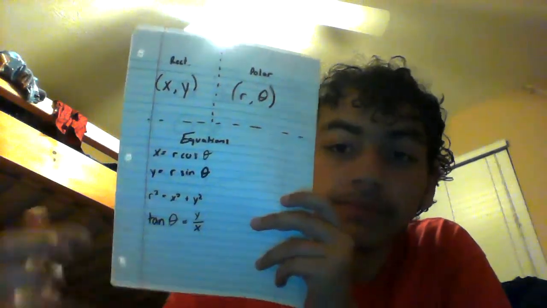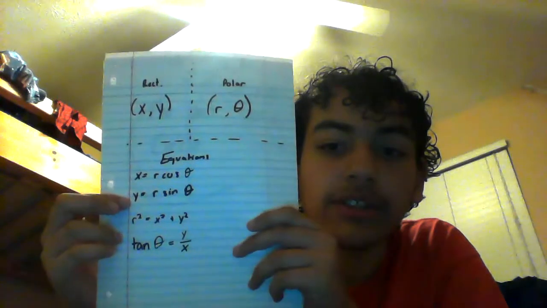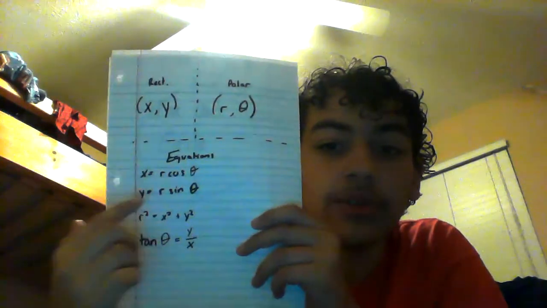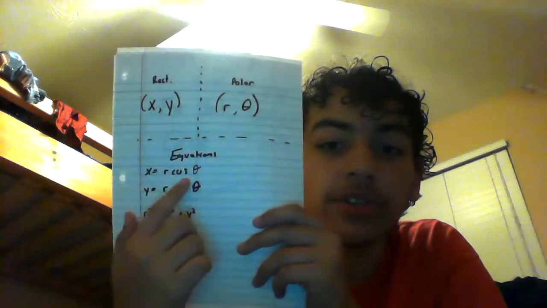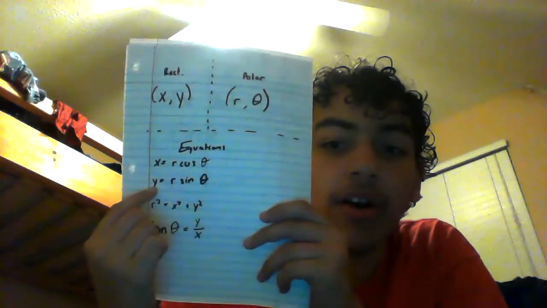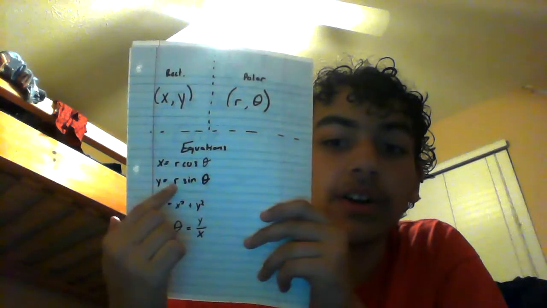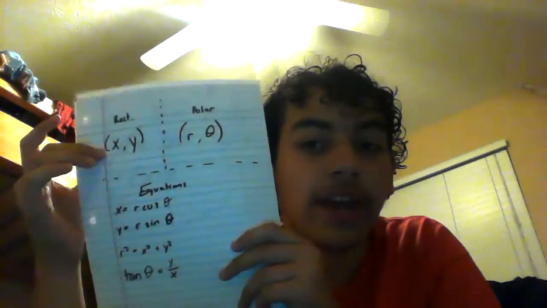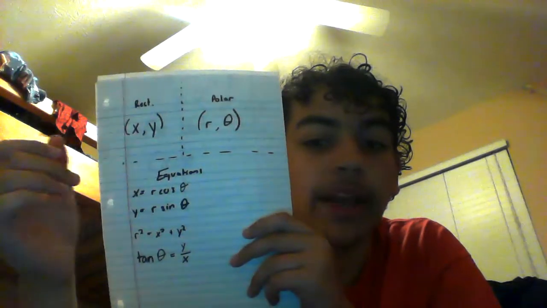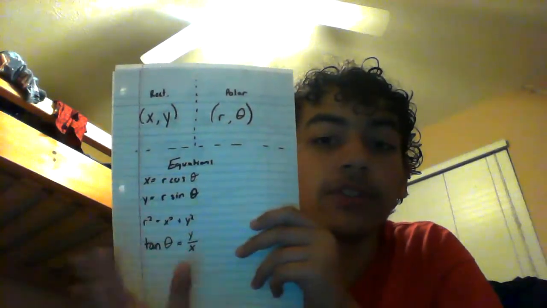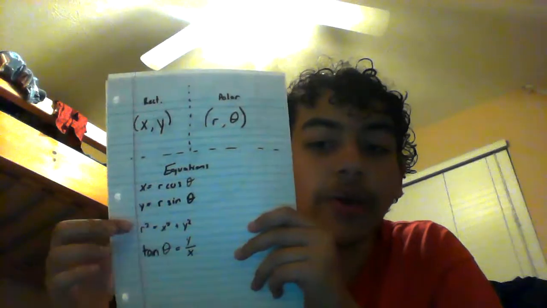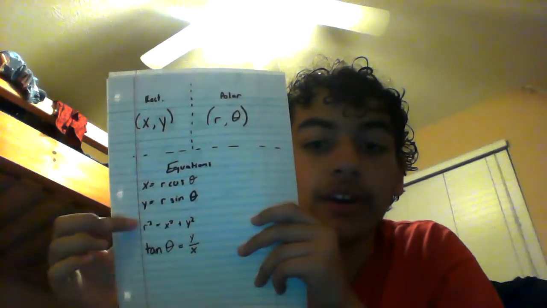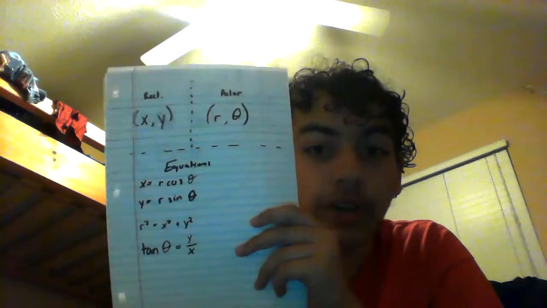So for the conversion from rectangular to polar, you have x is equal to r times the cosine of theta, and y is equal to r times the sine of theta. You're able to use this algebraically if you're given x or y in the coordinate plane to convert. And given the other way, we have a kind of Pythagorean identity of sorts, where r squared equals x squared plus y squared.